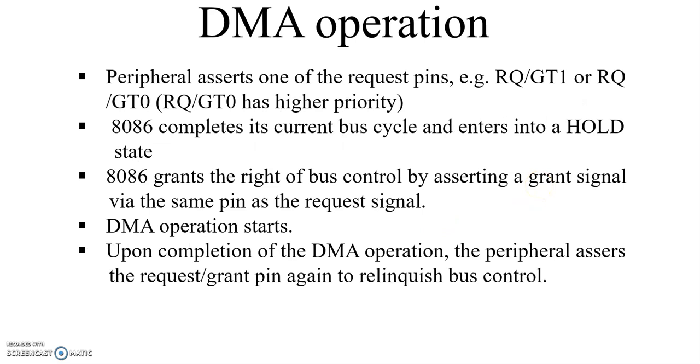Next, the operation of the DMA controller. Here the peripheral asserts one of the request pins, for example RQ/GT1 or RQ/GT0. Next, the 8088 completes its current bus cycle and enters into a hold state. The 8088 grants the right of bus control by asserting the grant signal via the same pin as the request signal.